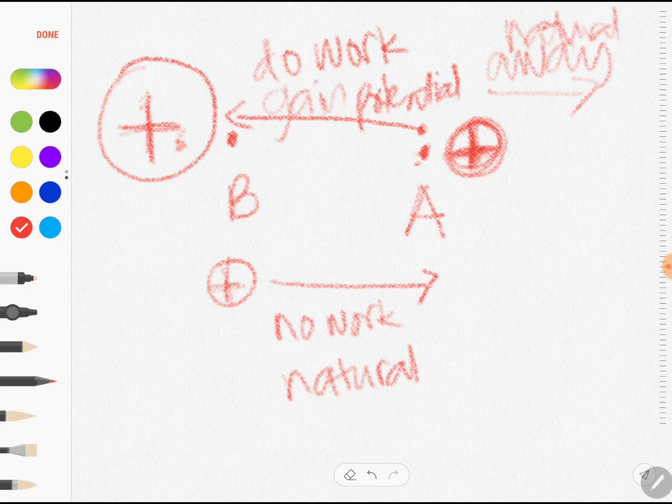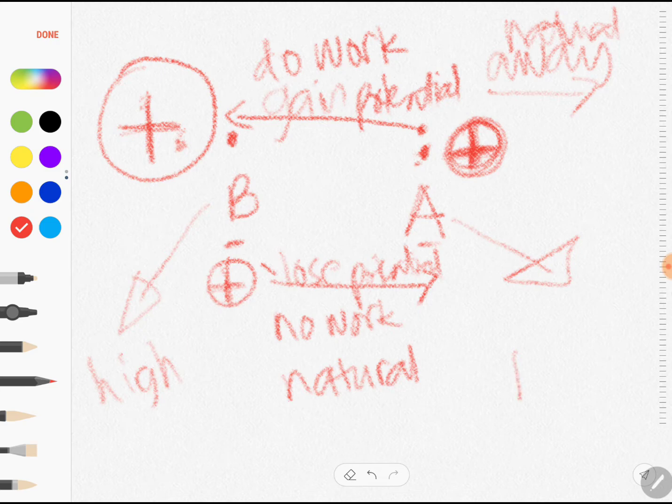So when it moves from B to A, will it gain or lose potential? It will lose potential. So we say that this area B is an area of high potential and this area A is an area of low potential.